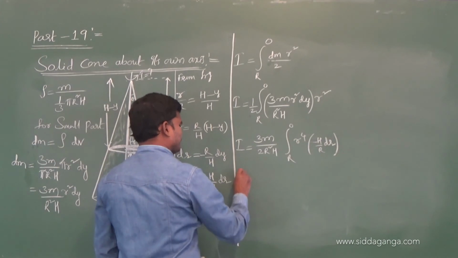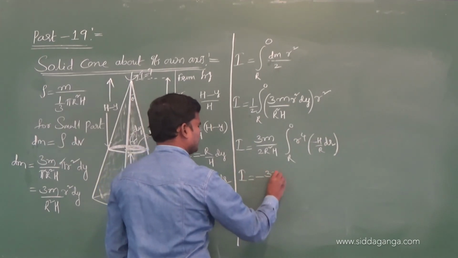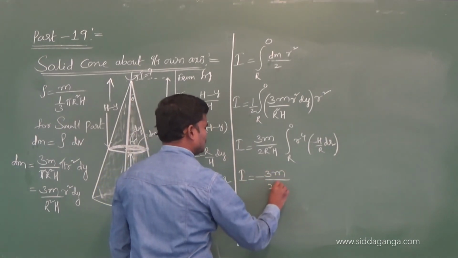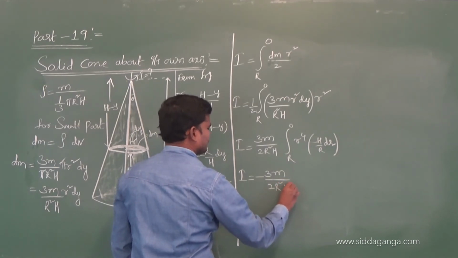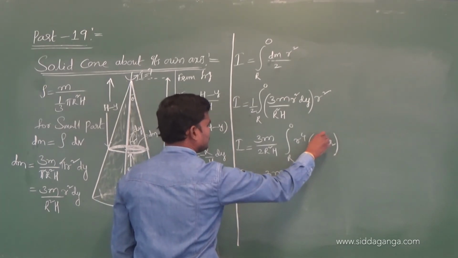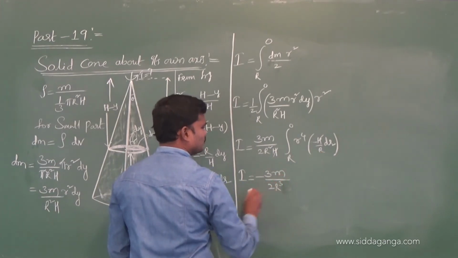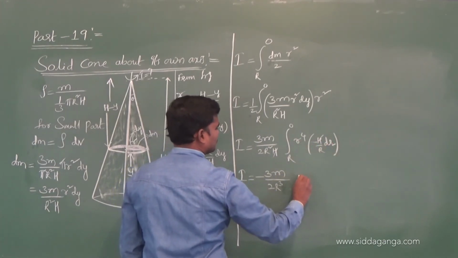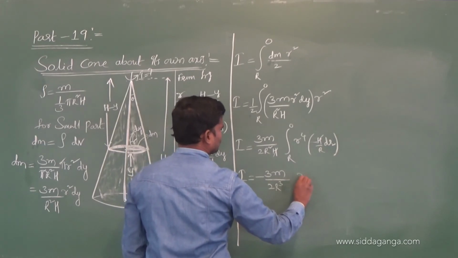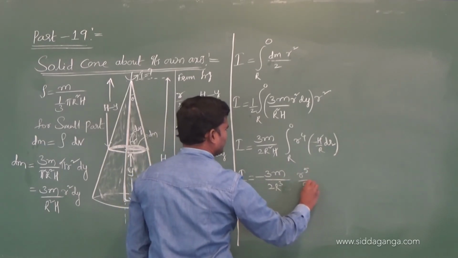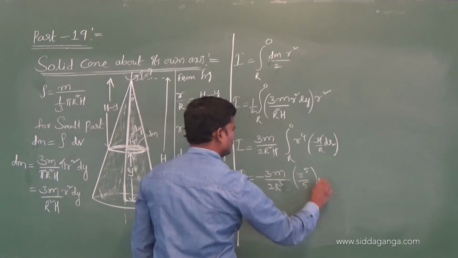Write minus in front. I is equal to minus 3m by 2r square h, and this h, one h you strike off. Then r cube, r power 4 dr. So r power 5 by 5, r to 0.